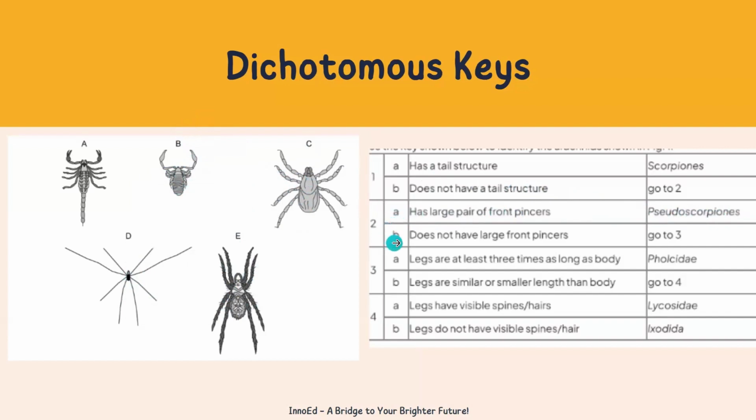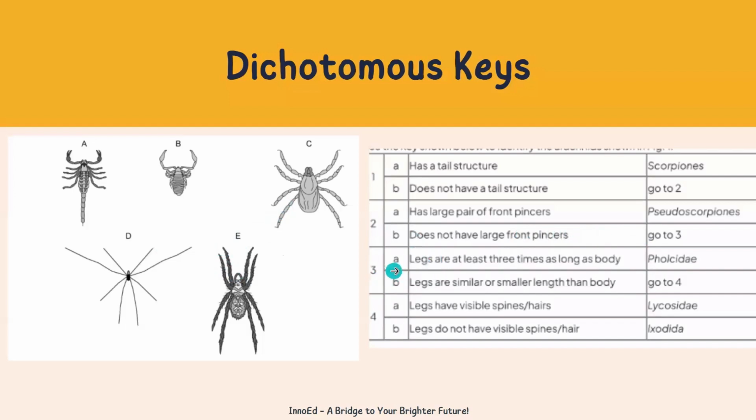And for the 2B, it says it does not have large front pincers. So C, D, and E, all those 3 remain. So those 3 pictures show no large front pincers. So we need to carry those 3 and move to 3.